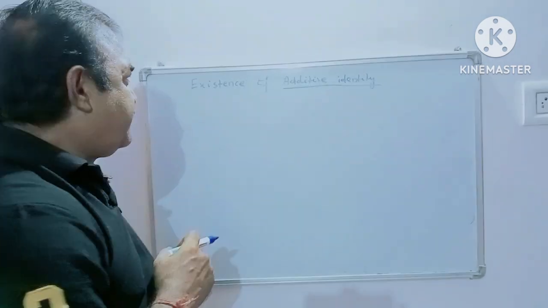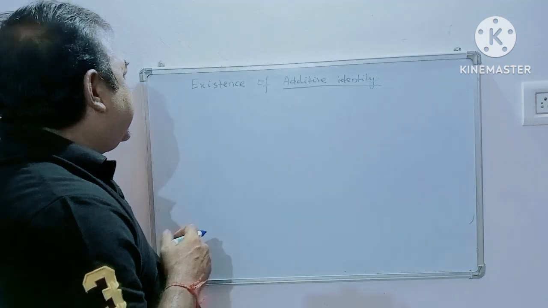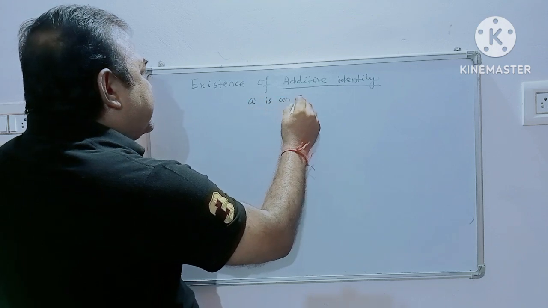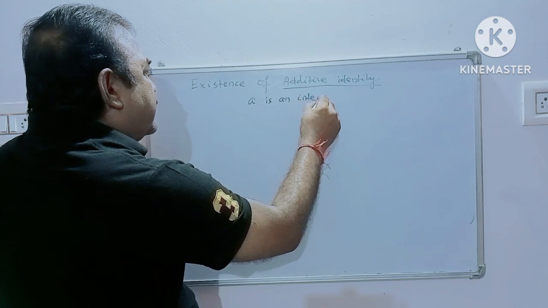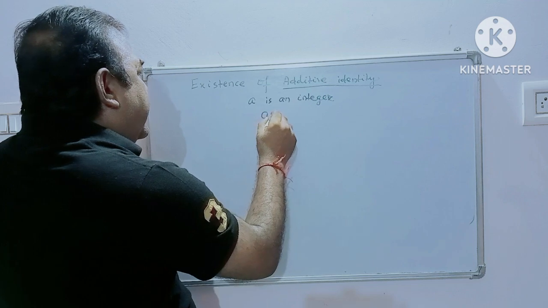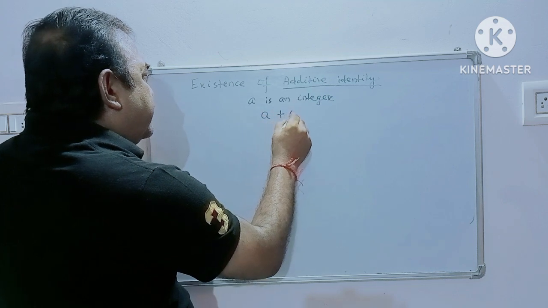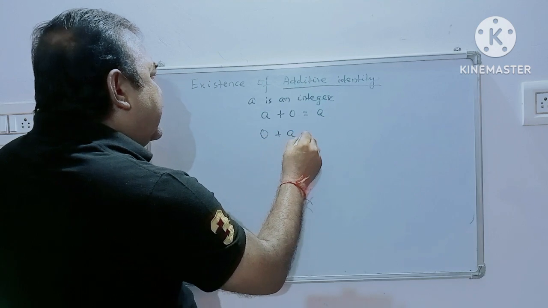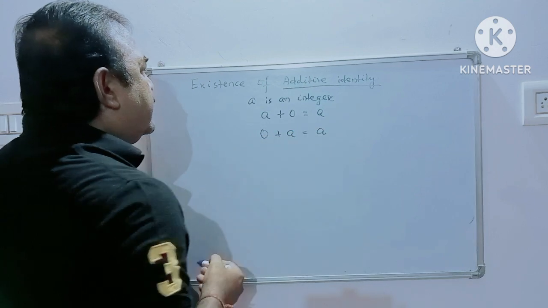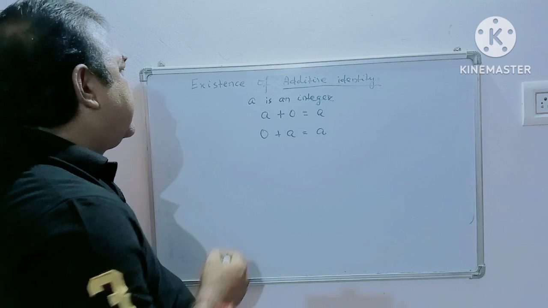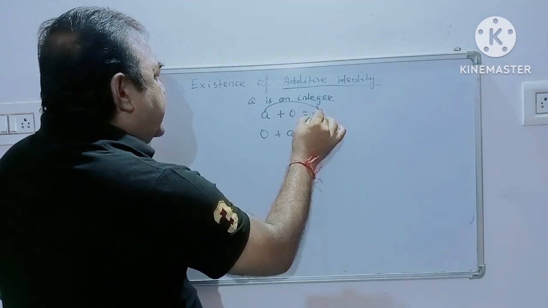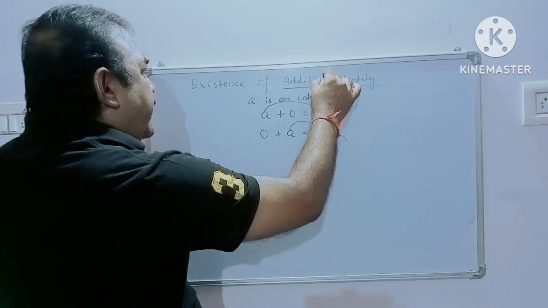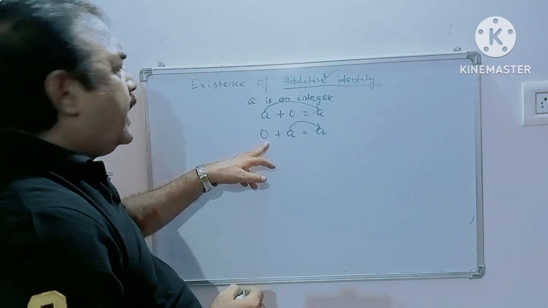That means if a is an integer, either you add 0 to a, you will get a, or you first write 0, then you add a, then there will be no change in the number. The same number is here. So 0 is called the additive identity. Always remember, it's very important.